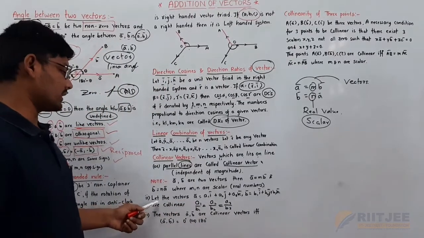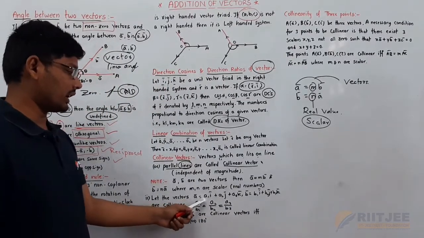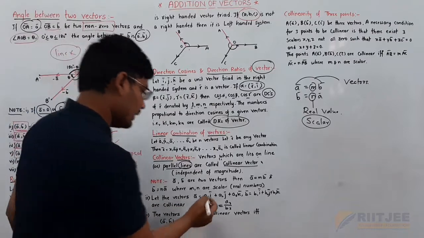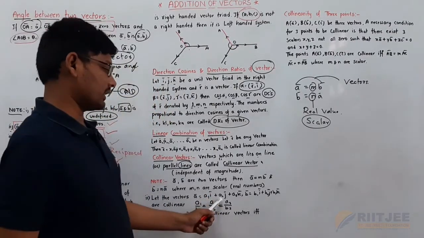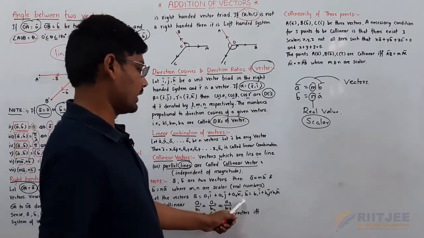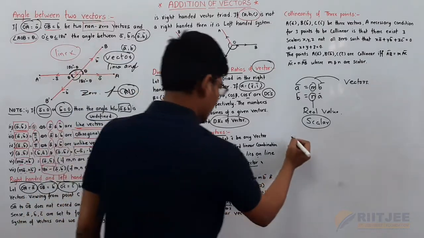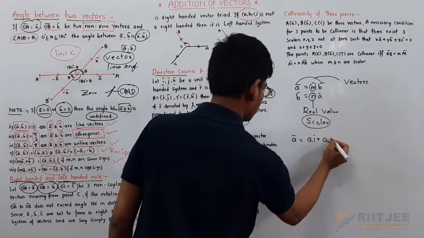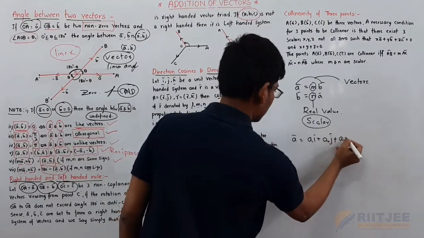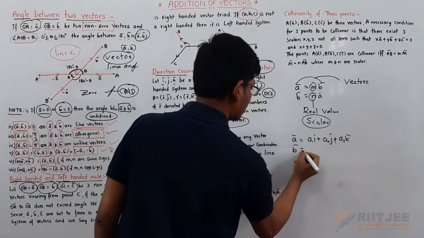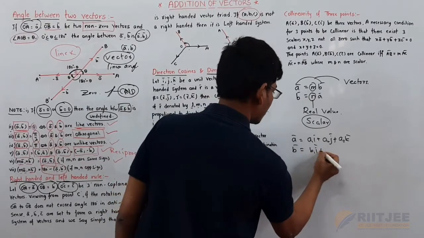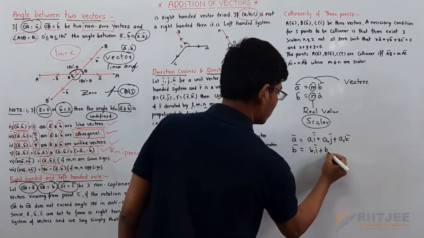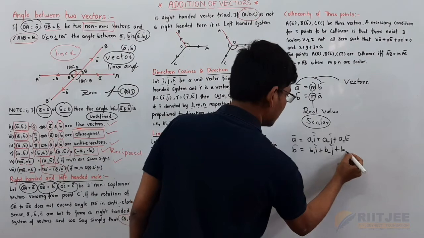And the next one is, let the vector a bar be equal to a1 i bar plus a2 j bar plus a3 k bar, and b bar equal to b1 i bar plus b2 j bar plus b3 k bar.